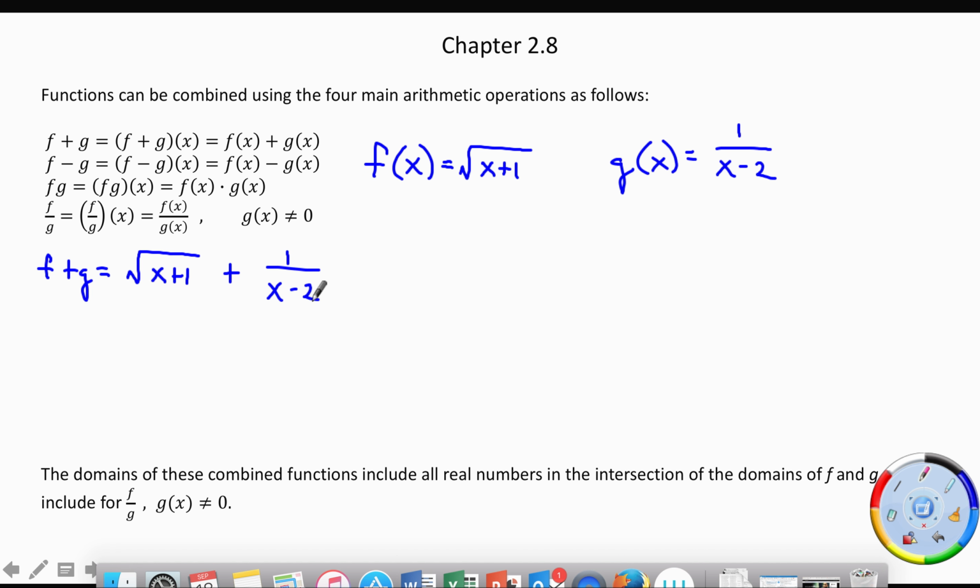I believe your online homework is going to let you leave it something like this, but really, if I'm going to add these together, I could get a common denominator. To add two fractions, I have to have a common denominator. Once I have the denominator the same, I simply add across the numerators.